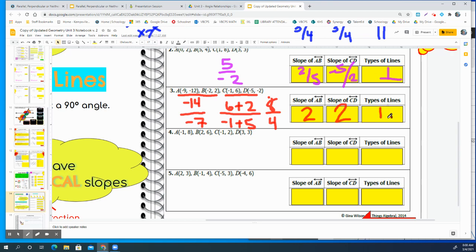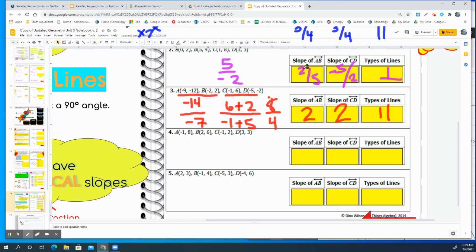Parallel? Okay. Parallel, the slope's going to be exactly the same. So -14 divided by -7 reduces to 2, and 8 divided by 4 also reduces to 2. If the slopes of the two lines are parallel, they're going to be equal.